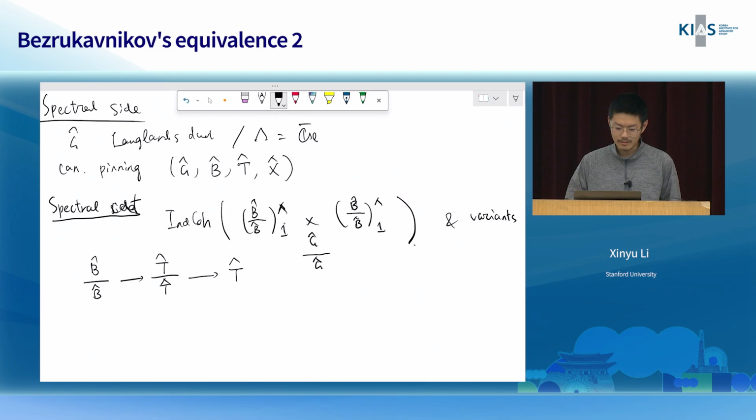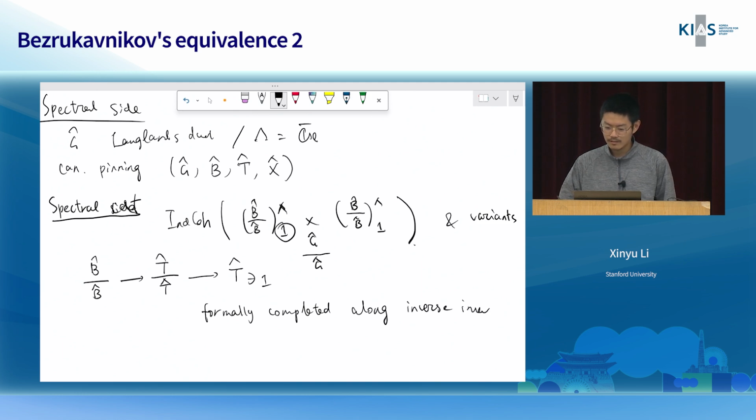So this formal completion means formally completed along the inverse image of 1 inside T hat. Right, and also as a fiber product, the standard convolution pattern endows this category with a convolution monoidal structure.